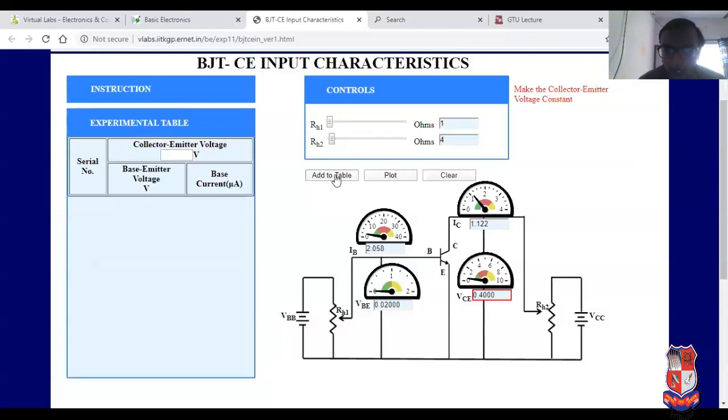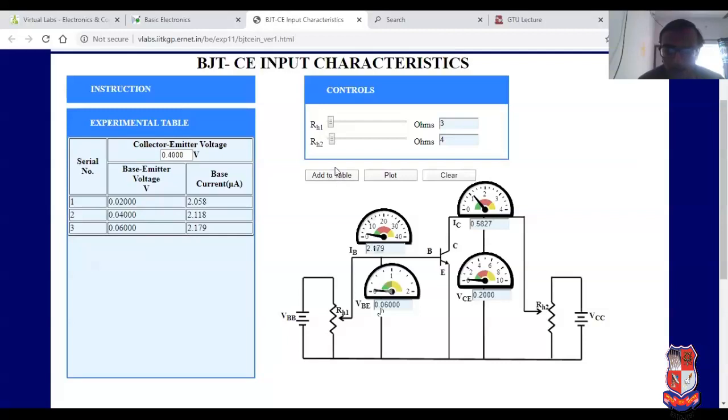So in the table, see this value. Now if you change the value of rheostat, see this, 0.06, 0.08, current is 2.242. Now see this, 0.1, 2.307, 0.12, 2.374.